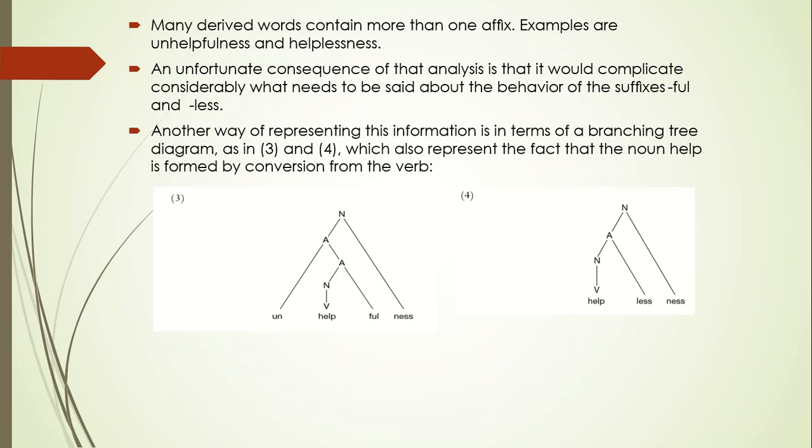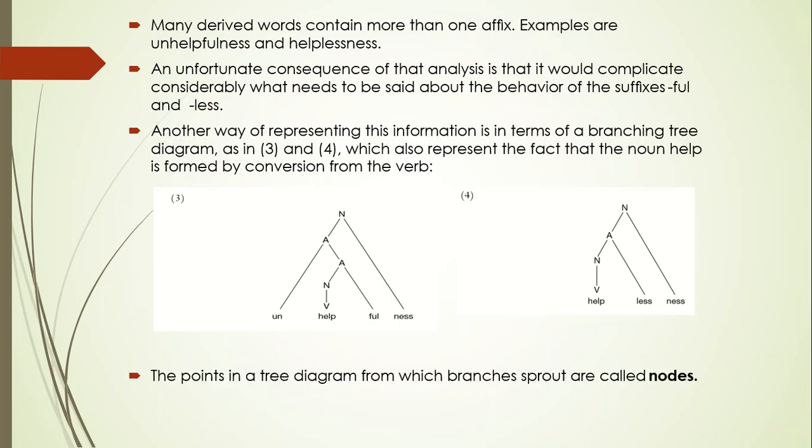So, helplessness combines noun, affix, noun, and verb. The point in a tree diagram from which branches sprout is called a node. So, all of these parts of the diagram are called nodes.